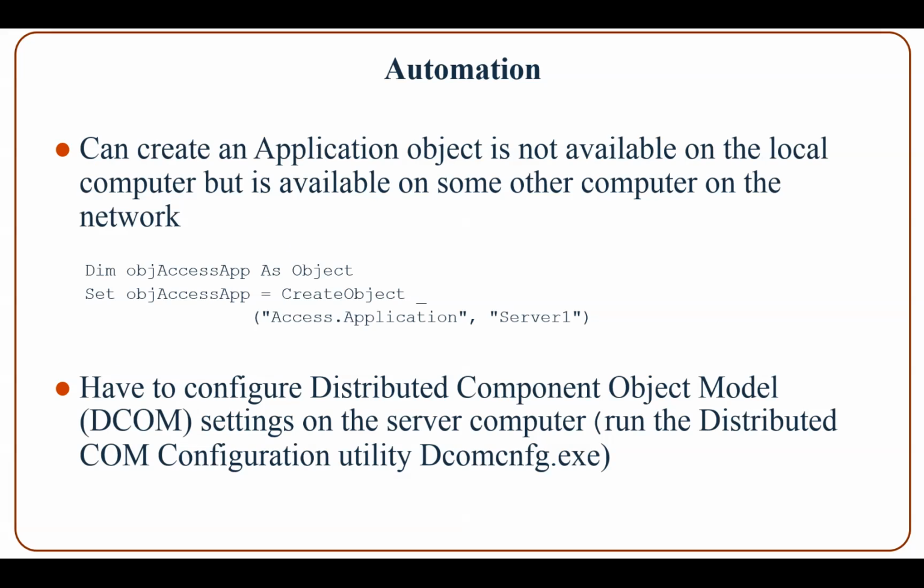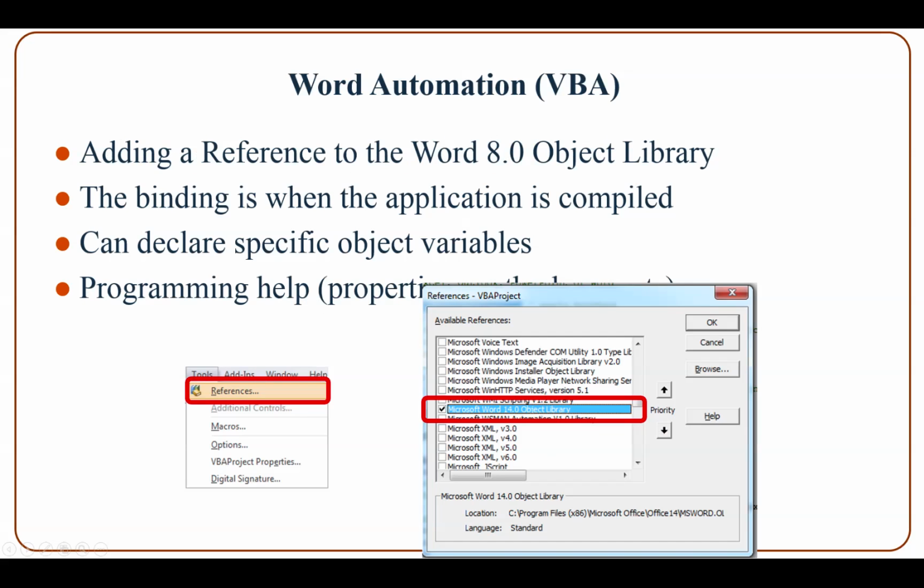Automation can be done with application objects not available on the local computer, but available on some other computers on the network. In order to program with Word objects, you need to add a reference to the Microsoft Word object library, and this is VBA.